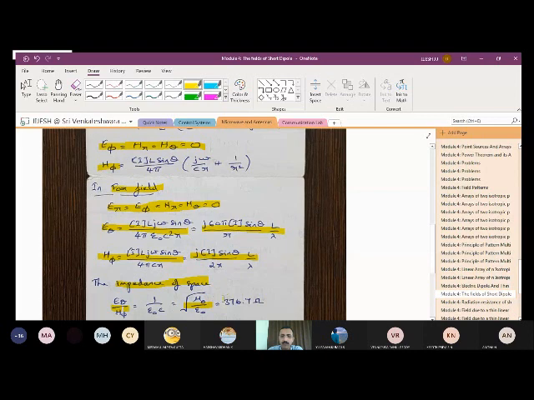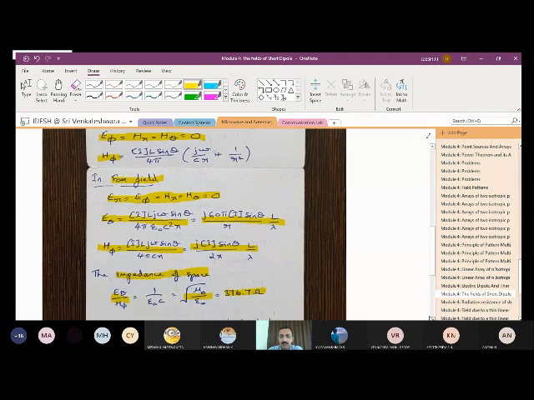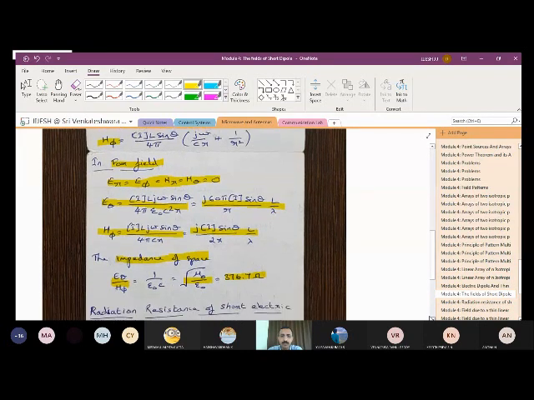The value is already found here, that is 376.7 ohm. When we do the calculations you get it as 376.7 ohm. It's a standard value which we will be using.